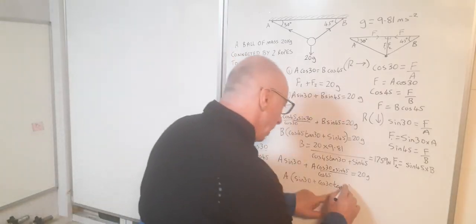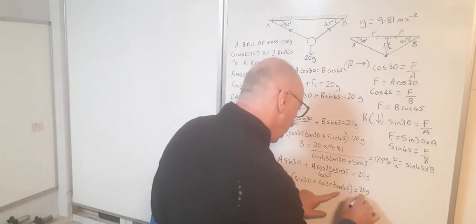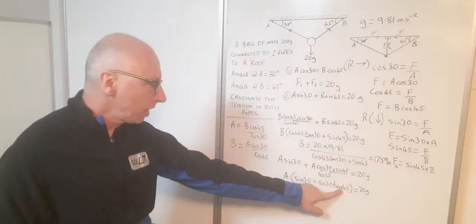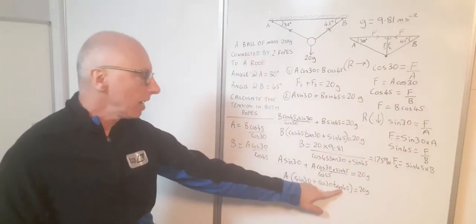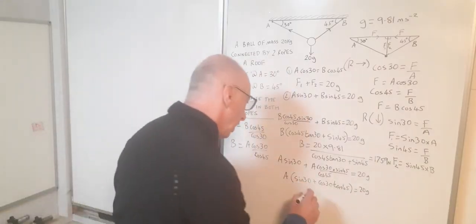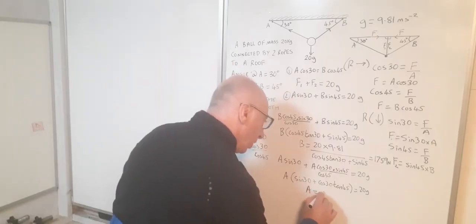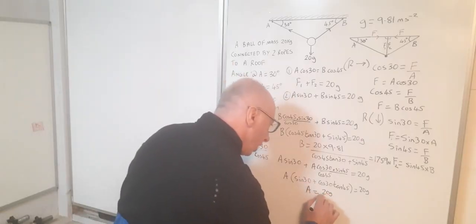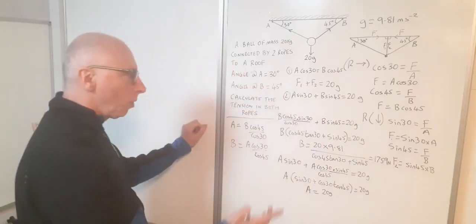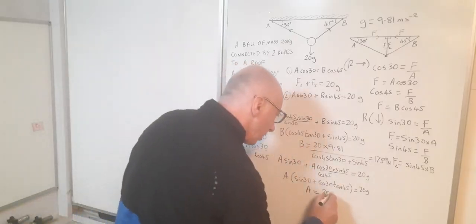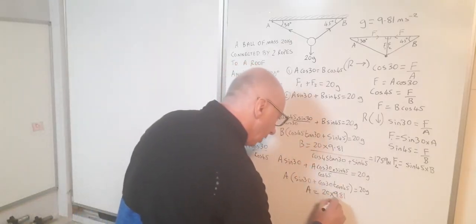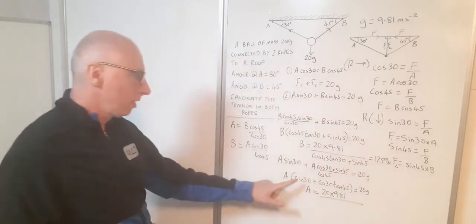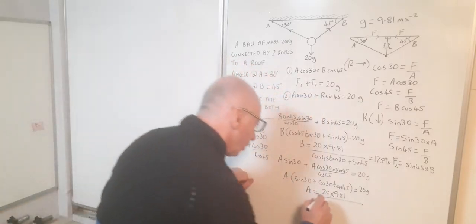So that one there equals 20g, and we know tan 45 is actually 1, so at this stage we could actually eliminate that if we wanted, but I'm going to put it in there anyway. So we've got all the calculations in there. 20g, let's put the 9.81 like we did there, so 20 times 9.81 divided by sine 30 plus cosine 30 tan 45.